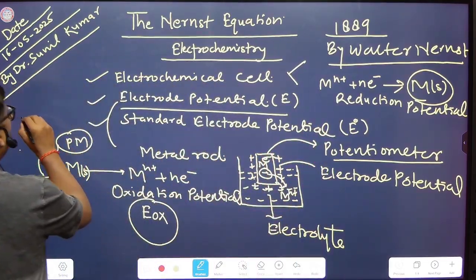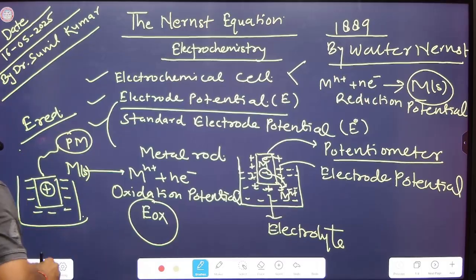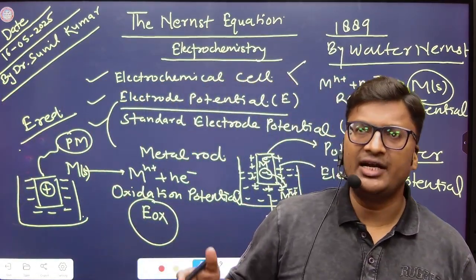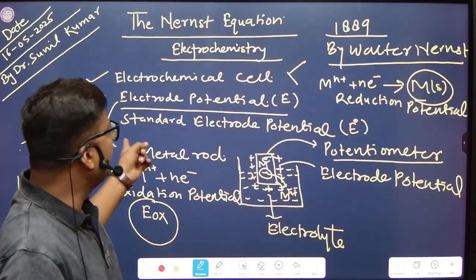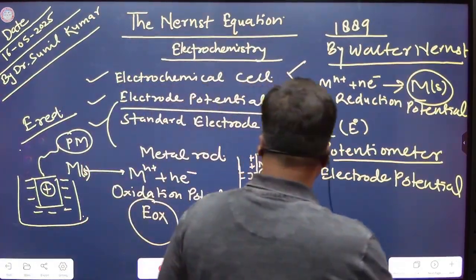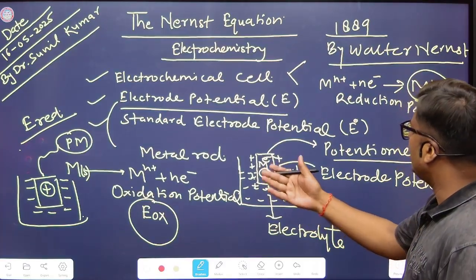This is your E red. So we have two kinds of potentials: the oxidation potential and the reduction potential. This is the generation of potential when a metal rod is dipped into the electrolyte solution.